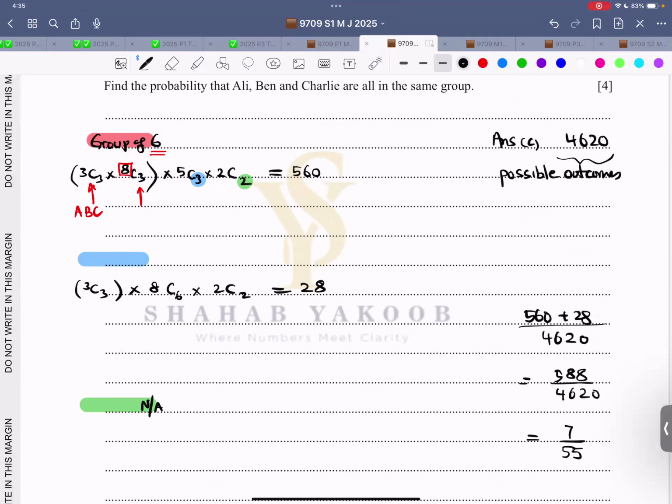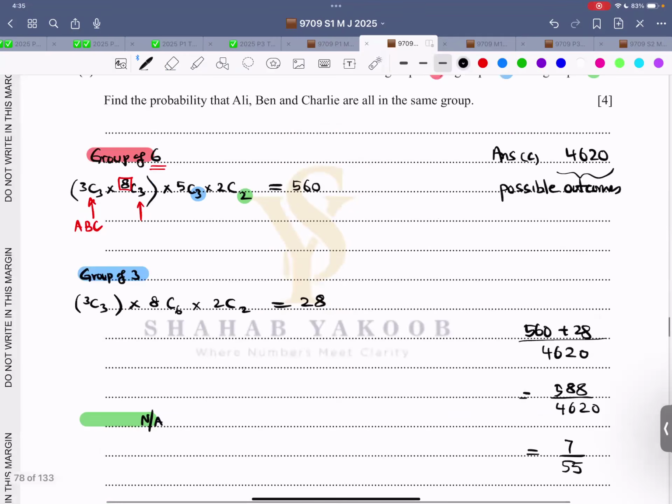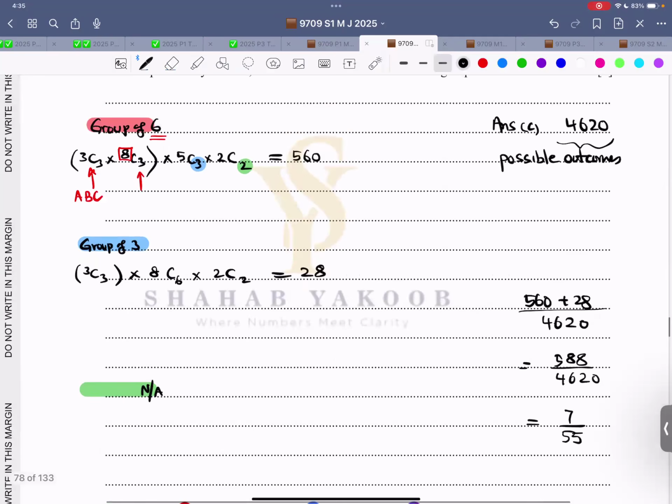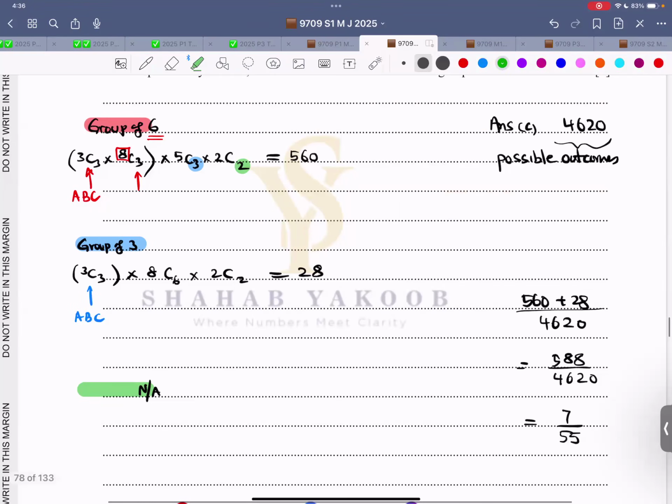Now let's focus on group of 3. So after group of 6, there is group of 3. Of course, only ABC will fit in. That group of 3 is formed. And then 8C6, what is this for? So 8C6 is for the group of 6 and 2C2 is the remaining group, and there are 28 possibilities.